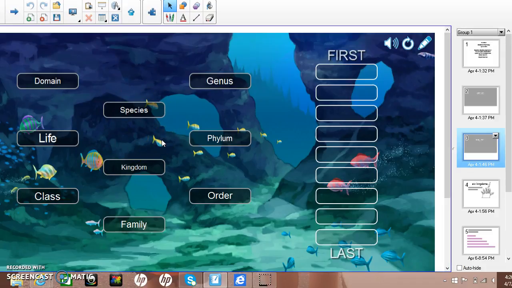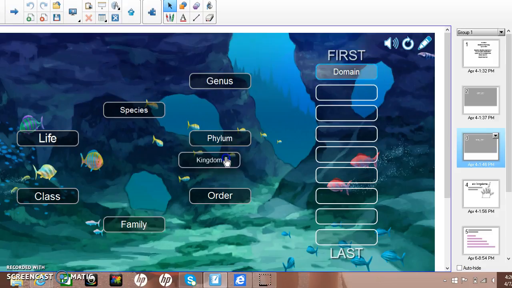Okay. I'm going to go with domain for the first one. I have kingdom for the second one. Family for the third. Class for the fourth.